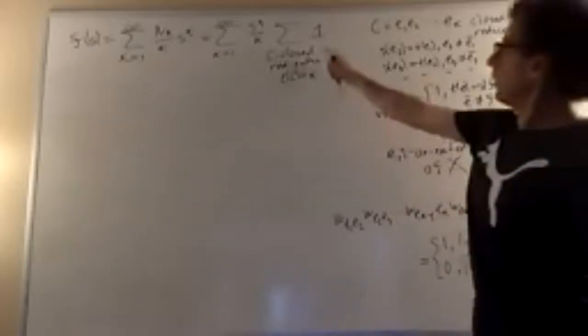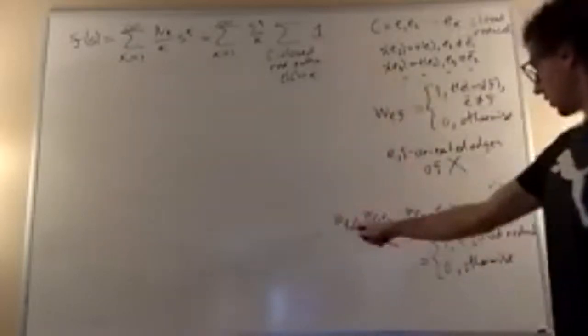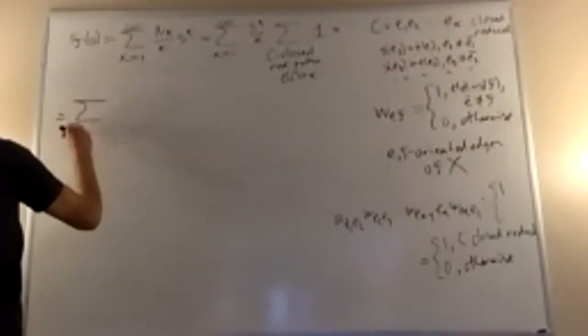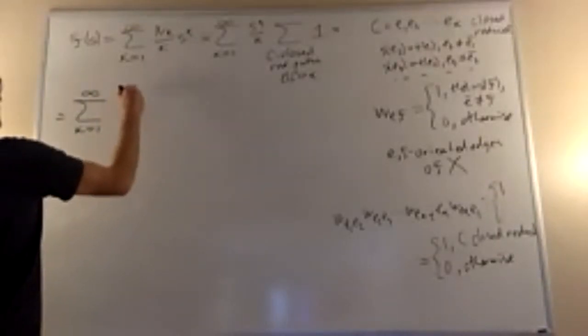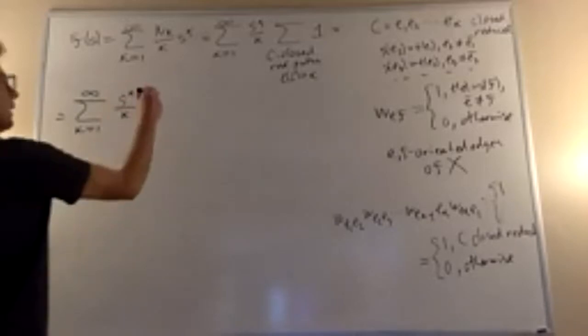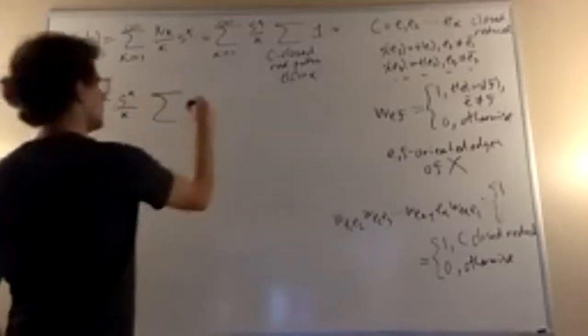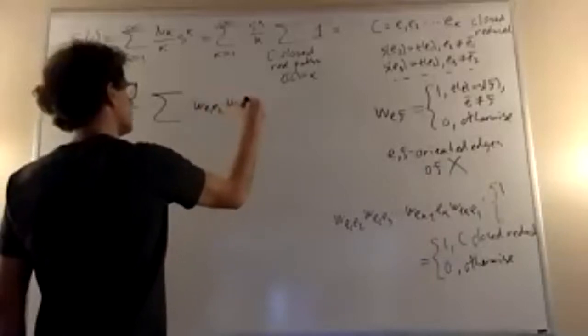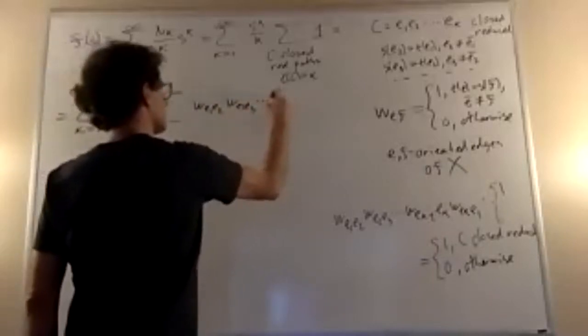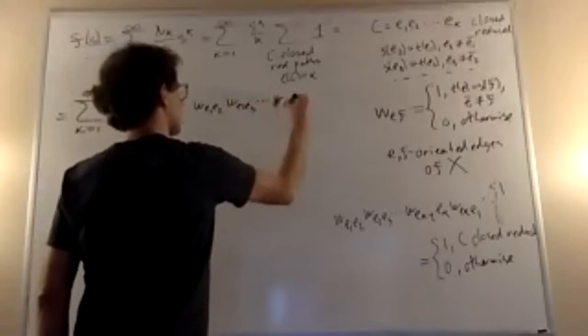So therefore, this sum of ones is in fact a sum of expressions of this form. This is a sum, k equals 1 to infinity, s to the k over k, and now I'm summing W(e1,e2), W(e2,e3), ..., W(e_k,e1).